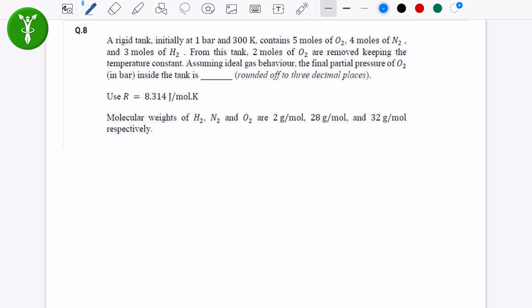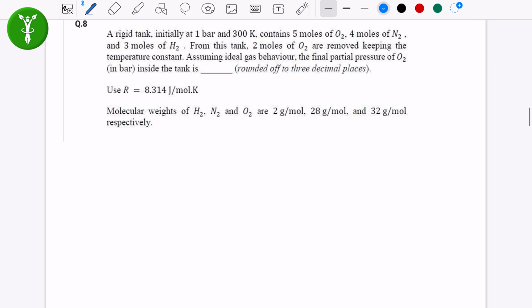So this question is based on Dalton's law of partial pressure. What is given? We have some rigid tank, at state one. Initially its pressure is 1 bar and temperature is 300 Kelvin.